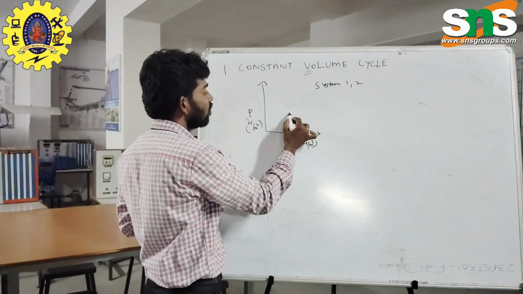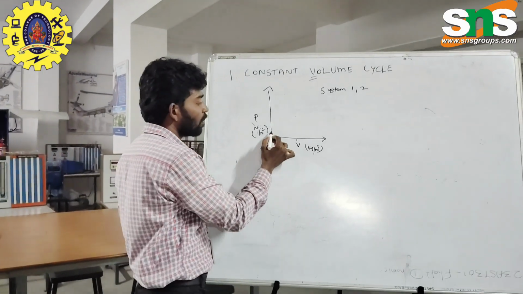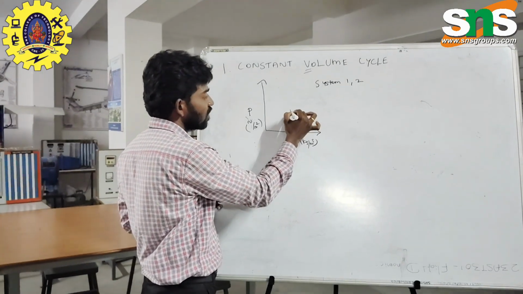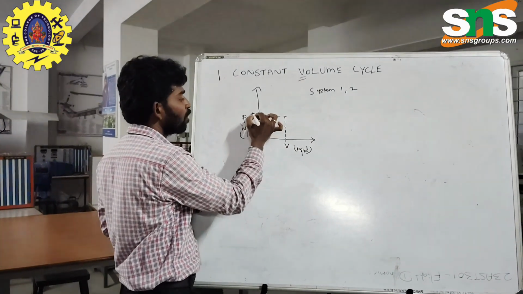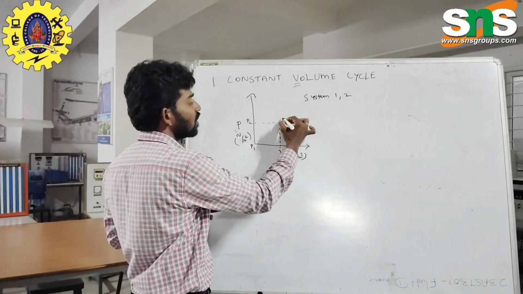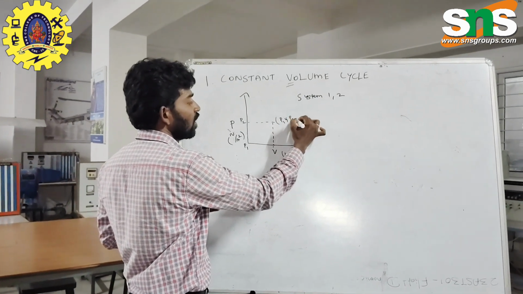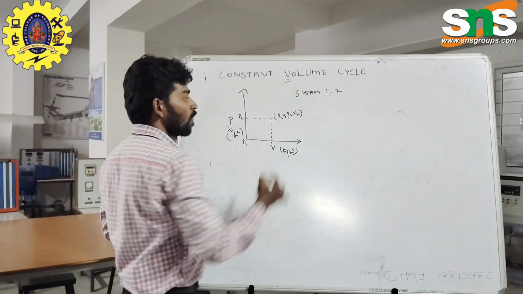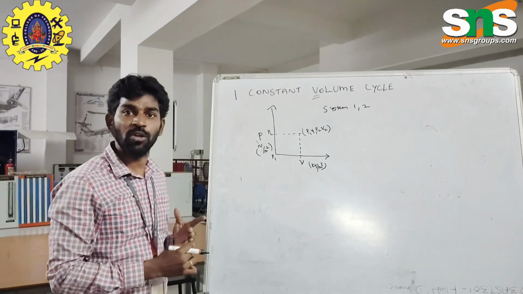So the volume stays at the same constant value, but the pressure varies. This is the value of P2 and this is the value of P1. So this point represents P1 V1, and this one P2 V2. This is the constant volume process.